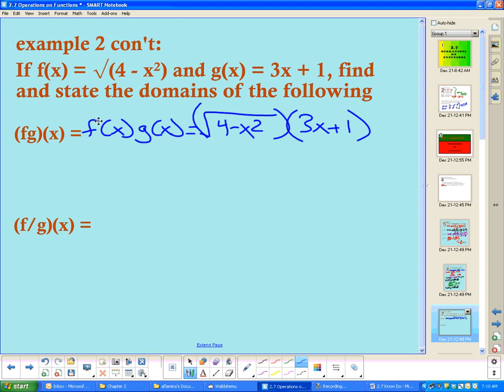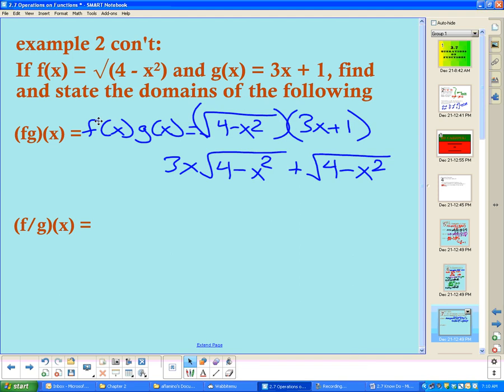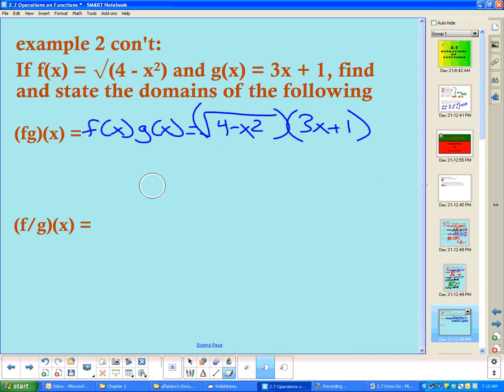And I suppose I could distribute the square root to both, and have 3x root 4 minus x squared plus square root of 4 minus x squared. But I'm not sure that looks any better. I'm not sure that's any simpler. And there would be nothing else to do. So I'm actually not going to do that. I'm just going to leave it as is and say, well, that's what the function looks like. It's not the prettiest thing in the world, but that's OK.